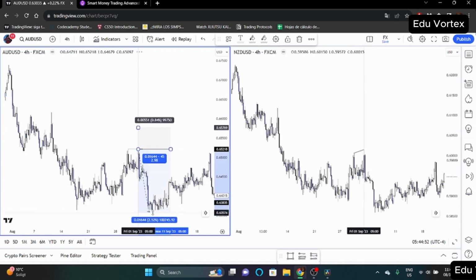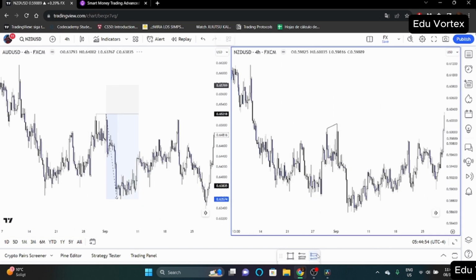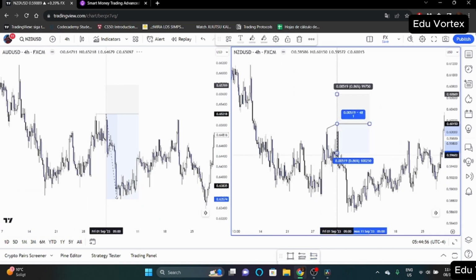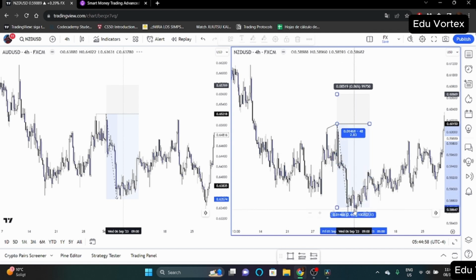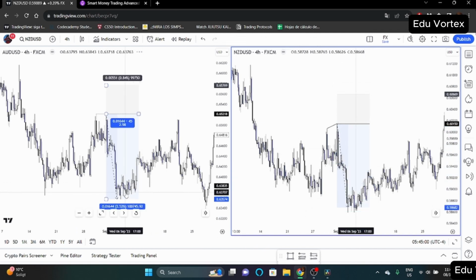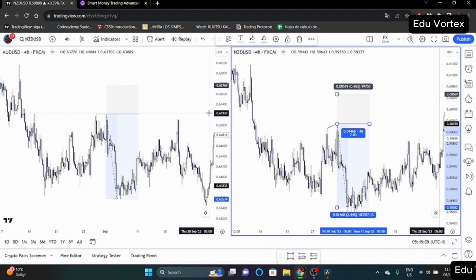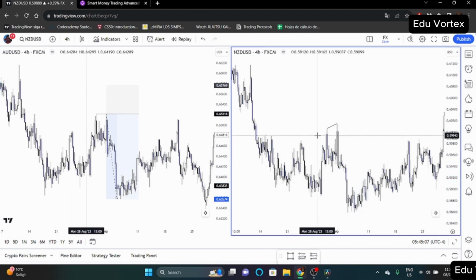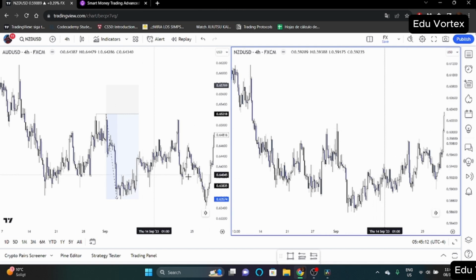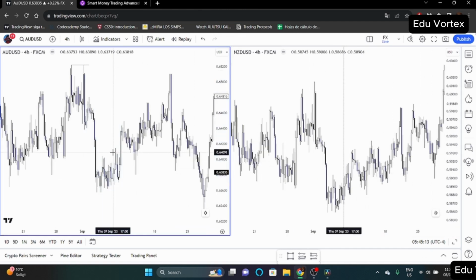Look, 2.54, 2.4. Okay? It doesn't really matter how much percentage, since the pair depends on how much the change is, but you can see with your eyes how much bigger the fall is.